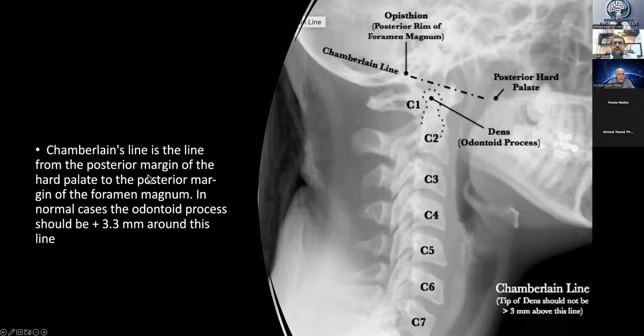Chamberlain's line is the line from the posterior margin of the hard palate, here we have the hard palate, to the posterior margin of the foramen magnum. In normal cases, the odontoid process should be within about 3 millimeters of this line, the distance between this Chamberlain line to the point, to the dens.